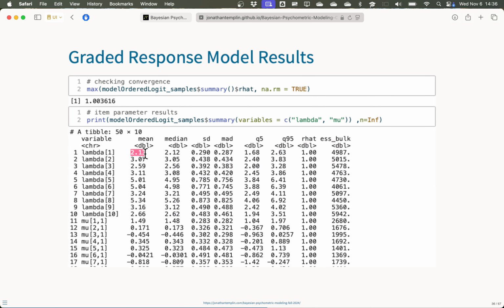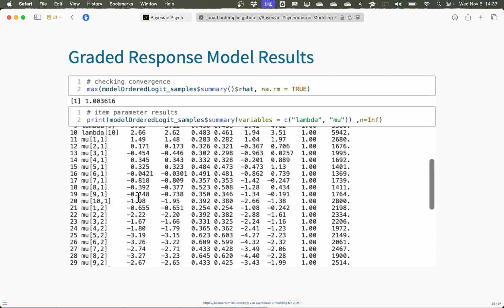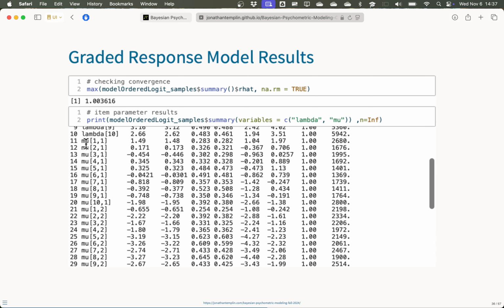Again, now these represent something a little bit different. Remember, each submodel has its own lambda times theta. This is the increase in the submodel's logit for every unit increase in theta. And then if you look at the intercepts, you'll see mu11 represents the first item, and the second element represents the first intercept.